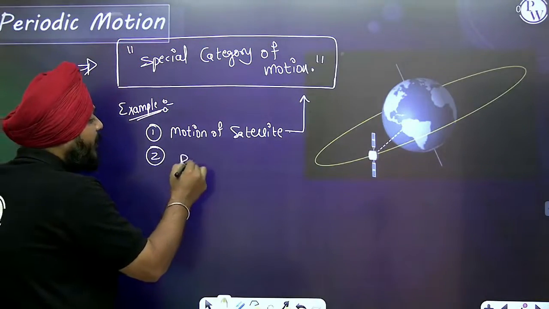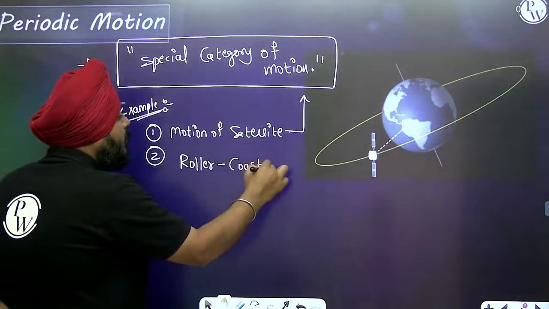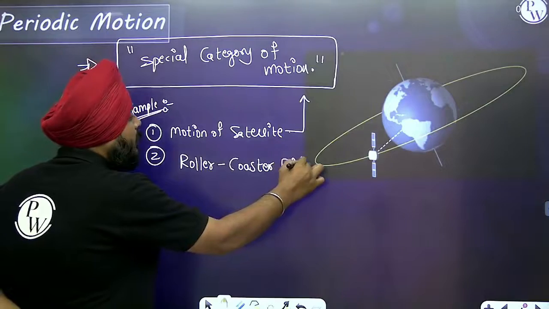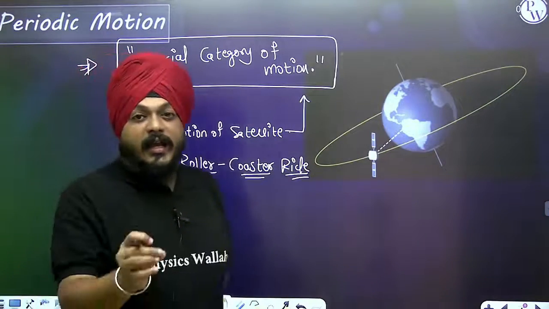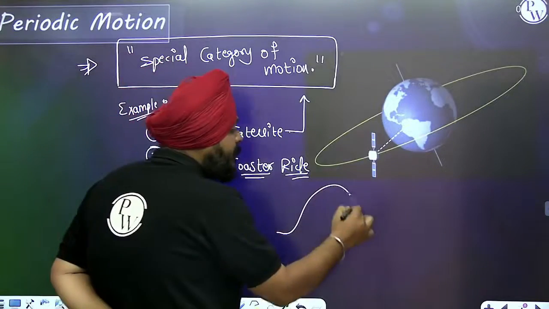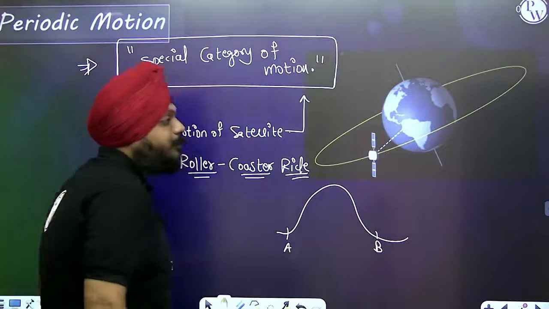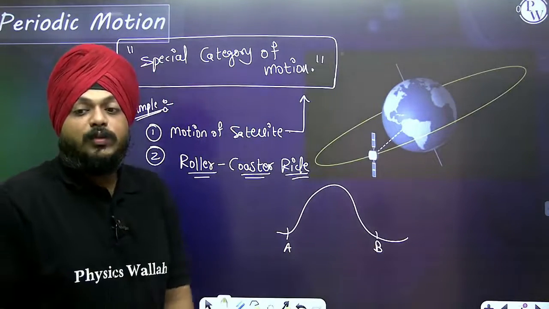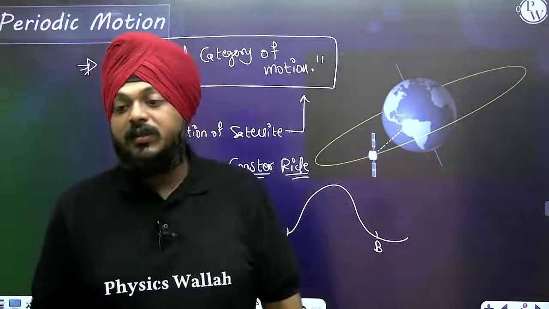Roller coaster ride. Let us take an example. If I'm talking about the specific path of the roller coaster ride from A to B, suppose you are sitting inside the roller coaster and you are assigned 2 rounds.